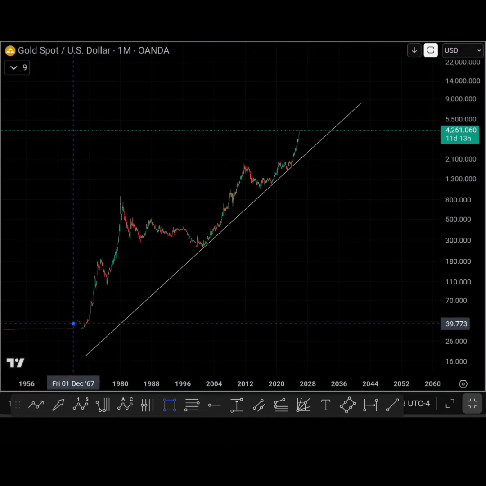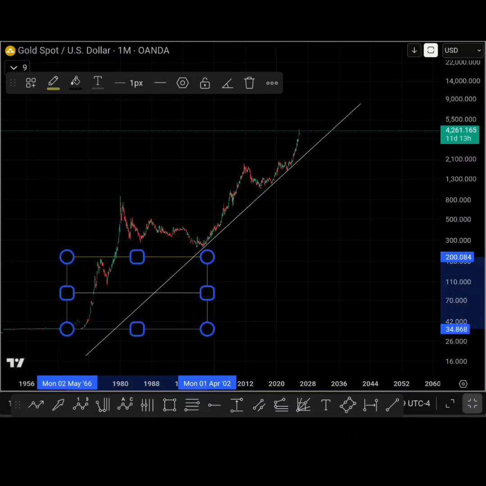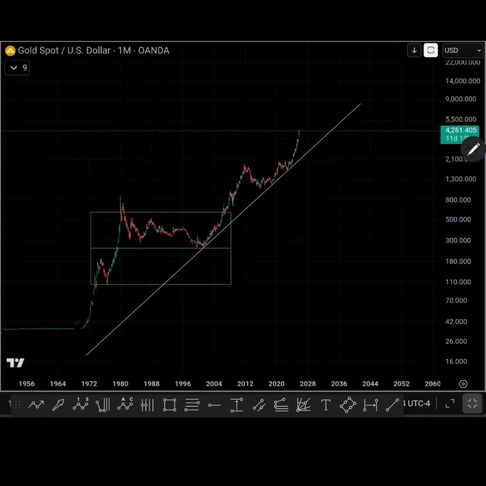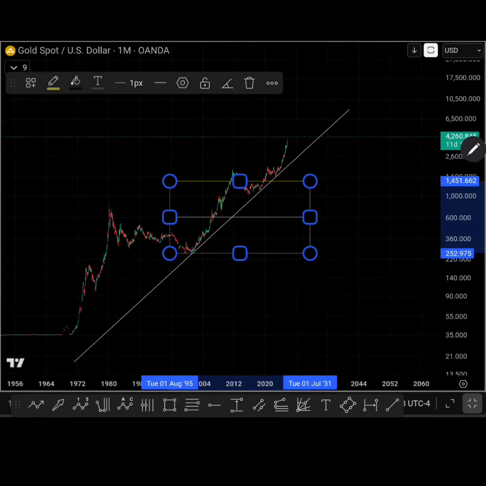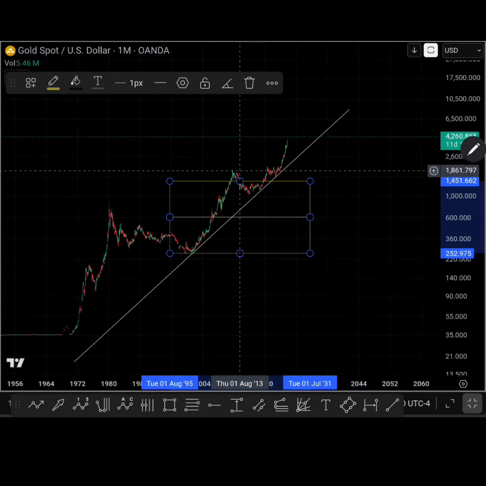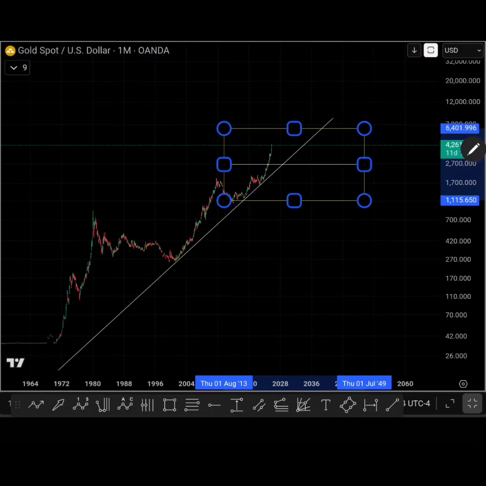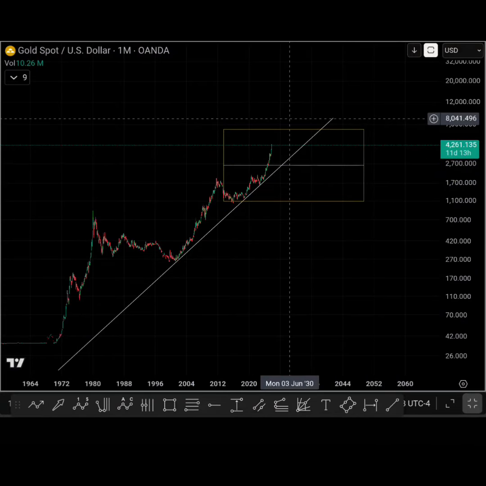If we take a box and just draw it from low to the high, and then see how much higher that went from that low, you broke the high. And then you take that from that low, and again, you broke the high. So from this current low, you could expect eventually to at least break the high.